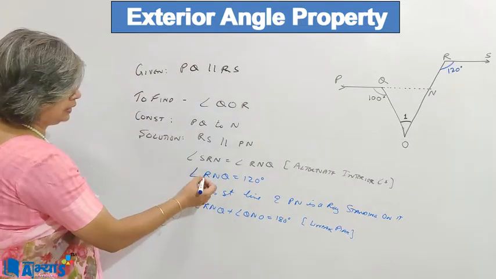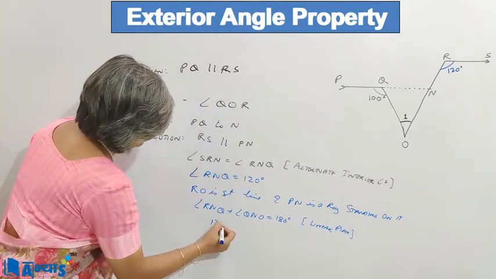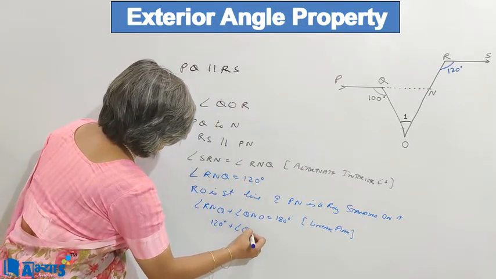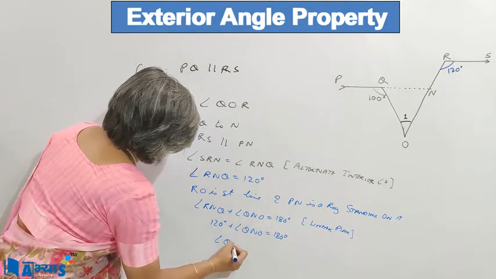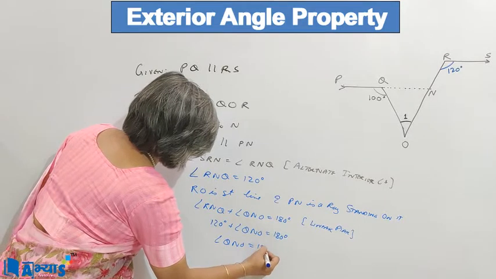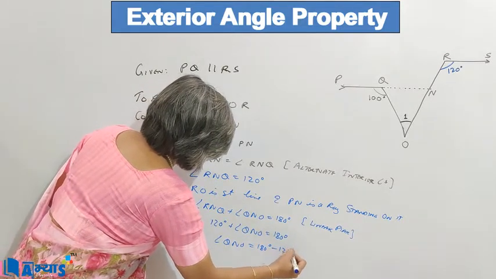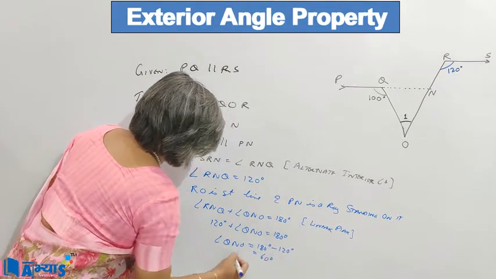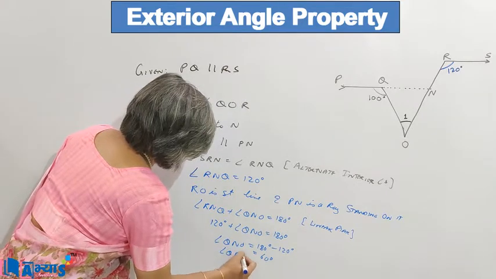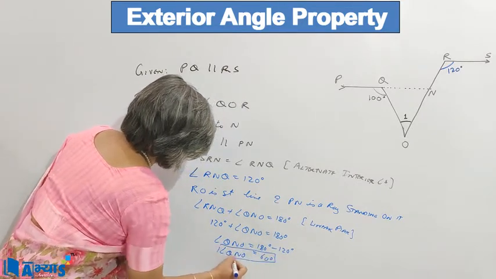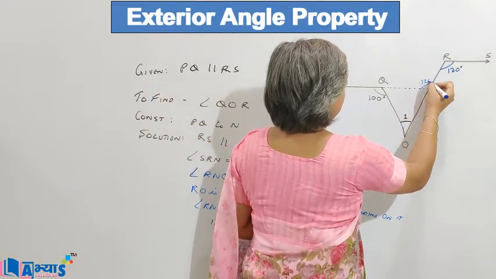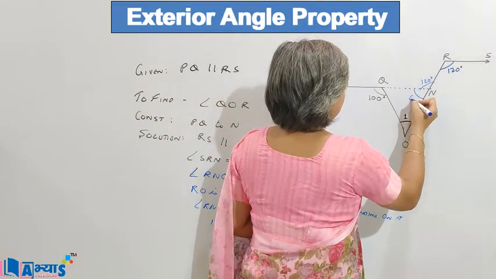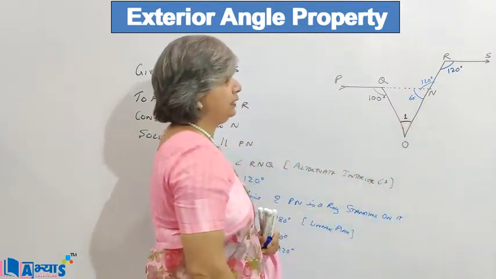But we know that RNQ is 120 degrees. So 120 degrees plus angle QNO is equal to 180 degrees, or angle QNO is equal to 180 minus 120 degrees, that is 60 degrees. Angle QNO is equal to 60 degrees. So this angle is 120 degrees, alternate interior angles, and this angle is 60 degrees. It is a linear pair.